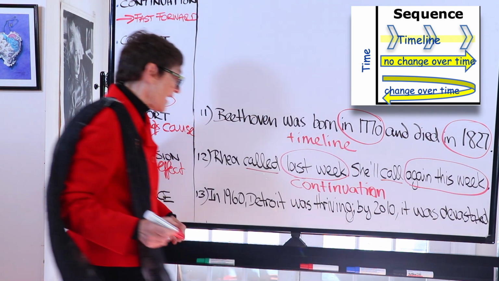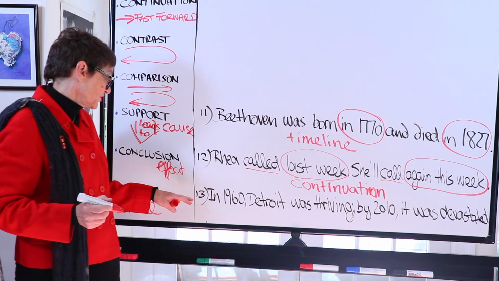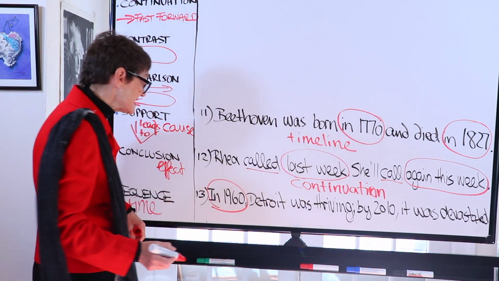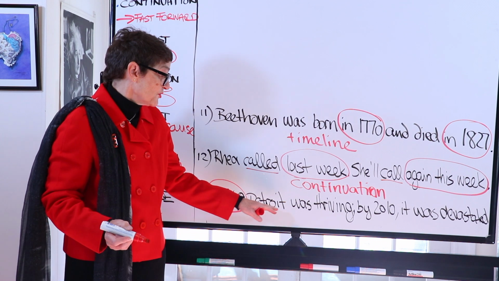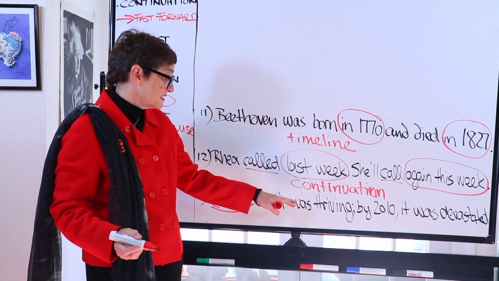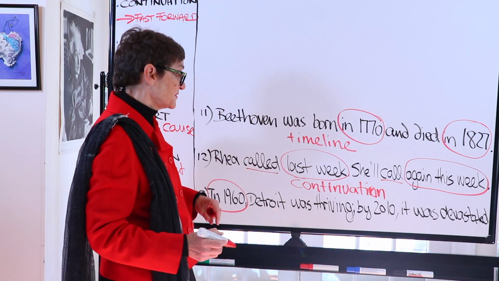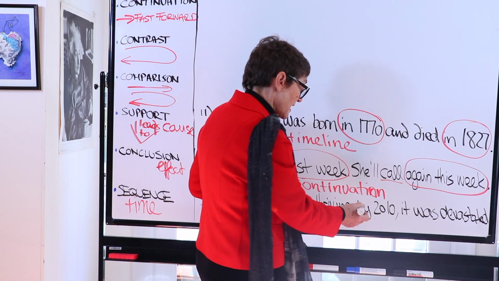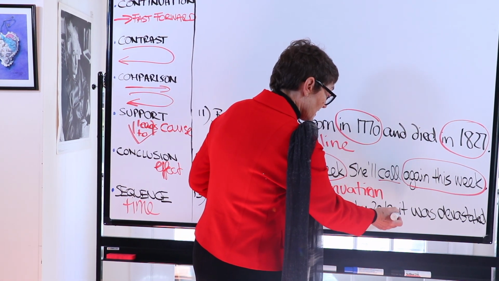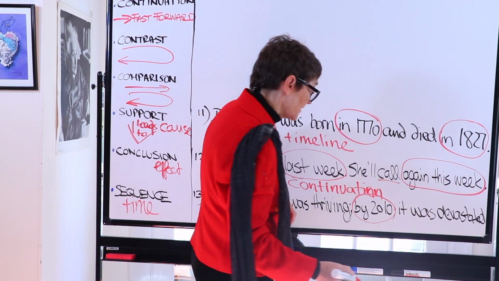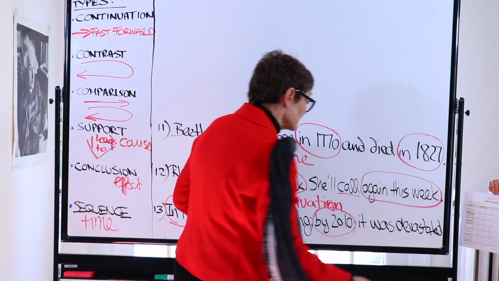There we go. And finally, sentence 13, in 1960, again I'm starting with a year, in 1960, Detroit was thriving. Here we have a semicolon, so we know that we're starting a new sentence that is related to the previous one. By 2010, comma, so by 2010, sequence, it was devastated.